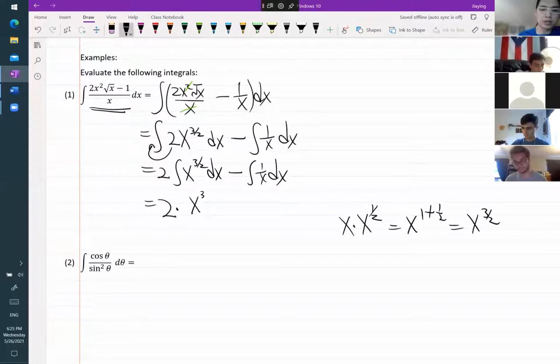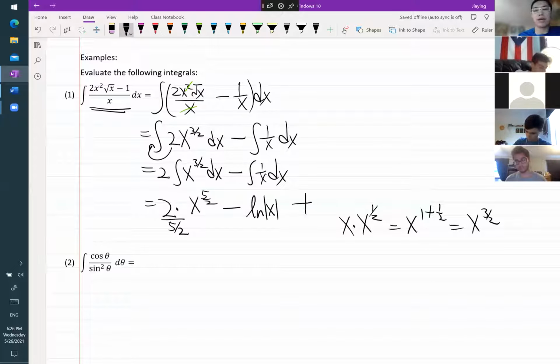So 3 half plus 1 is 5 half, and we divide by 5 half. And then minus the integral of 1 over x, which is the natural log of the absolute value of x. But don't forget to add a c at the end.